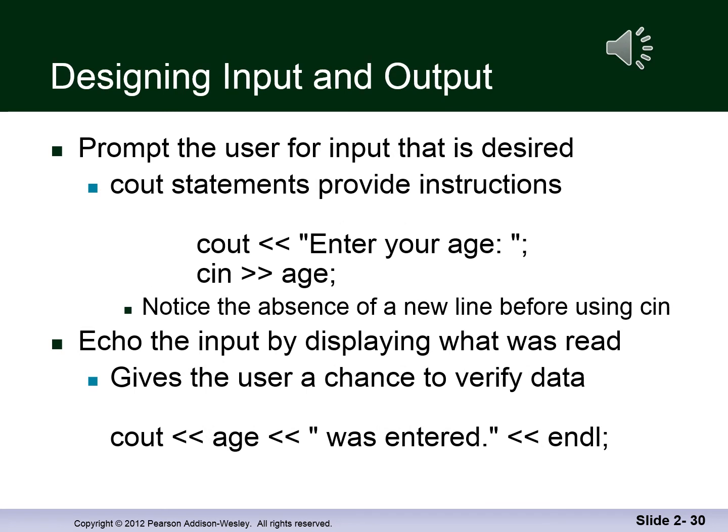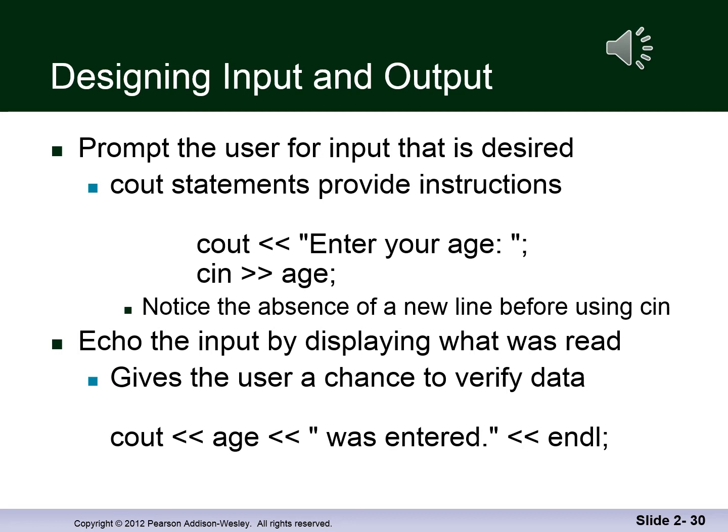You always want to prompt the user for the input that is desired, and you prompt the user with cout statements. So here's an example on this slide where you want to have the user enter a value for the variable age. I'm assuming that would be an integer.